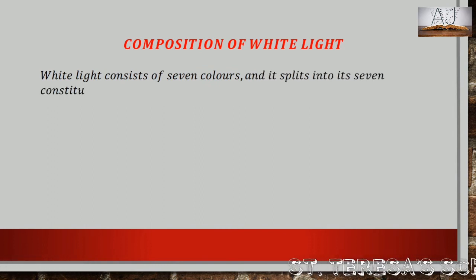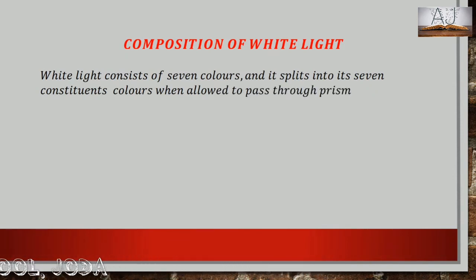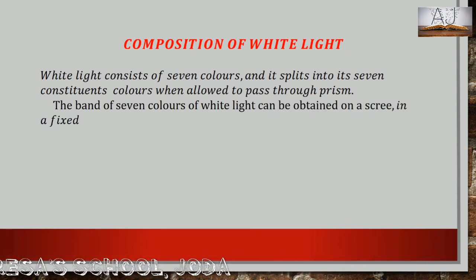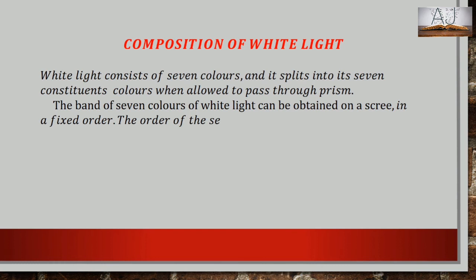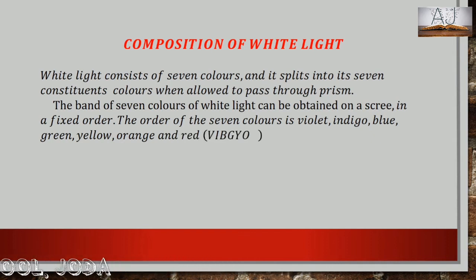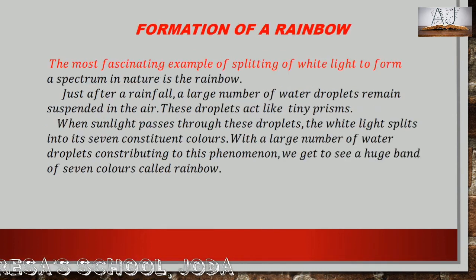Just now you saw in the diagram that when white light falls on the prism, because of varying wavelength, this white light splits into the 7 colors. But these 7 colors are obtained on the screen in a fixed order: violet, indigo, blue, green, yellow, orange, red. And this band of 7 colors is called spectrum.